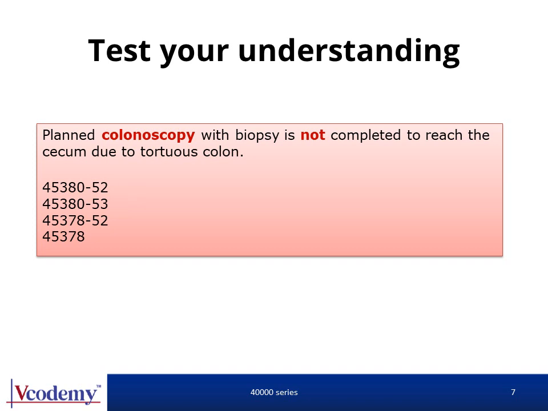So which will you choose? You can even pick the codes, out of the four options, which is correct based on the modifiers if you feel that is easier. So 52 is for reduced services, 53 is for discontinued procedure.